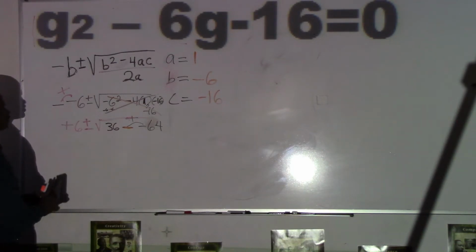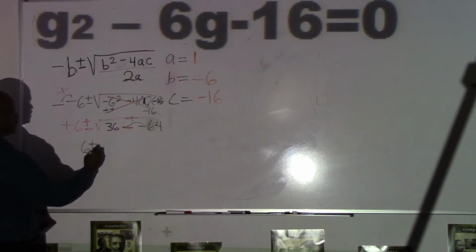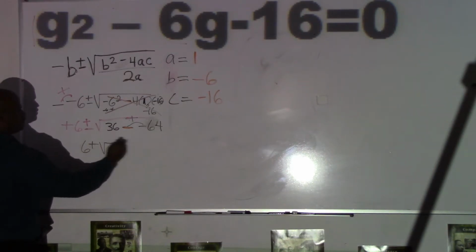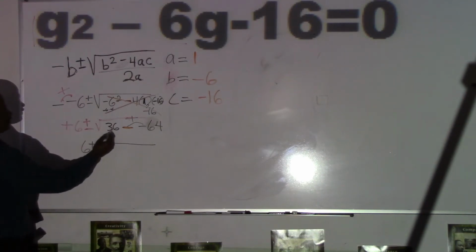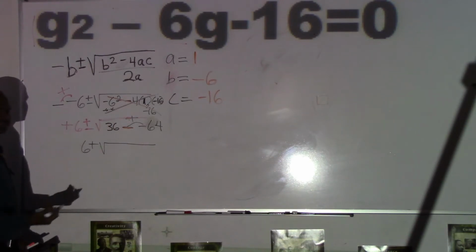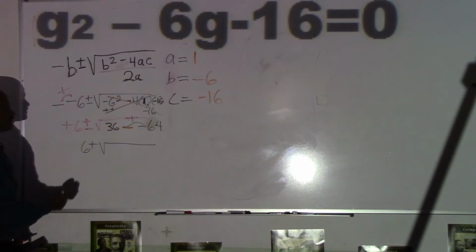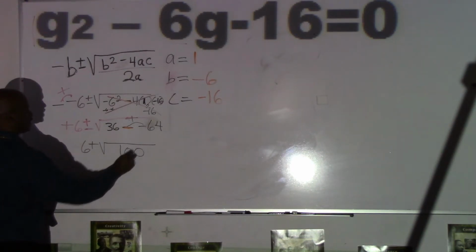I write down the 6 plus, then solve what's inside. We have 36 minus minus. When you have a double minus, what does that become? Positive. So we add those two together. What should we get? 100.